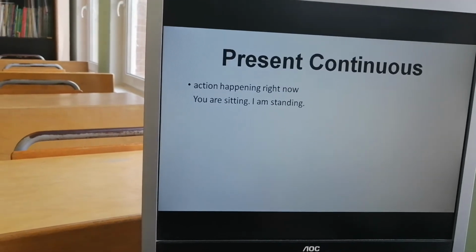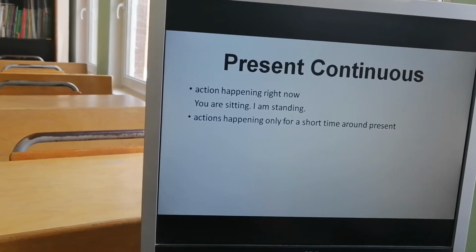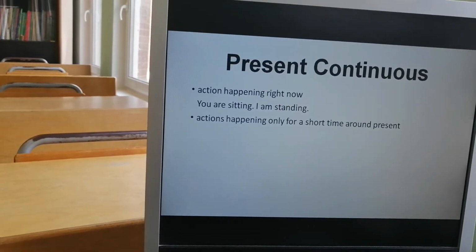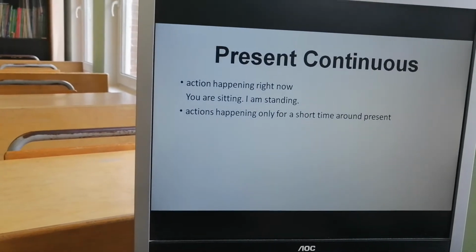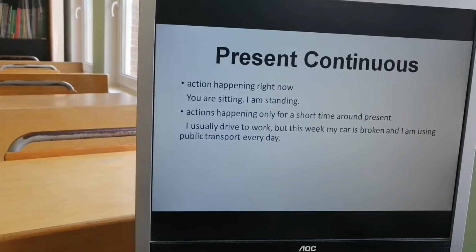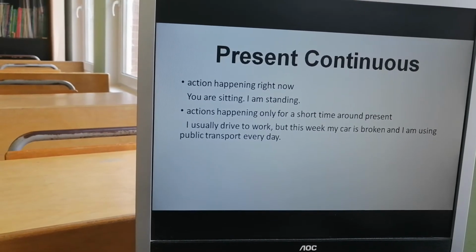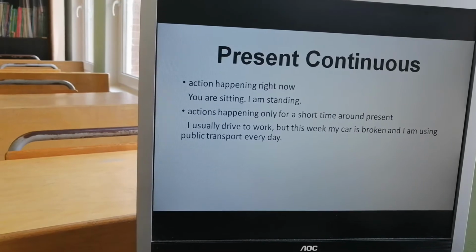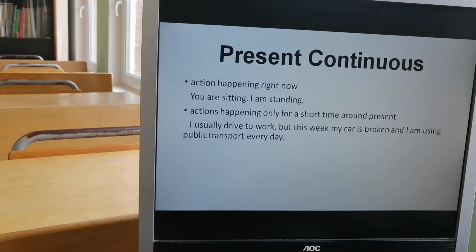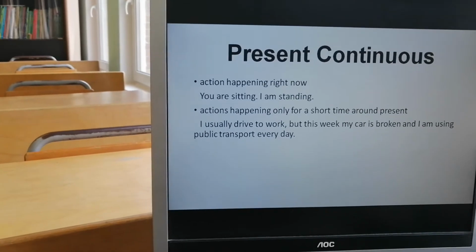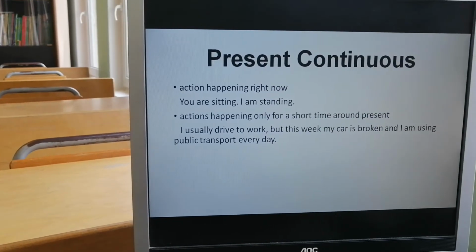Next, we can use it to talk about something that happens only for a short time around the present. Like, I usually drive to work, but this week my car is broken and I am using public transport every day.